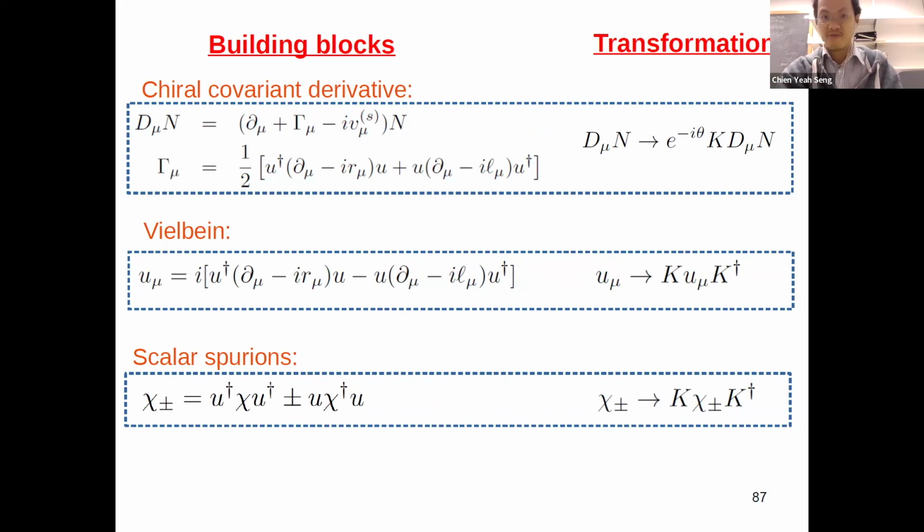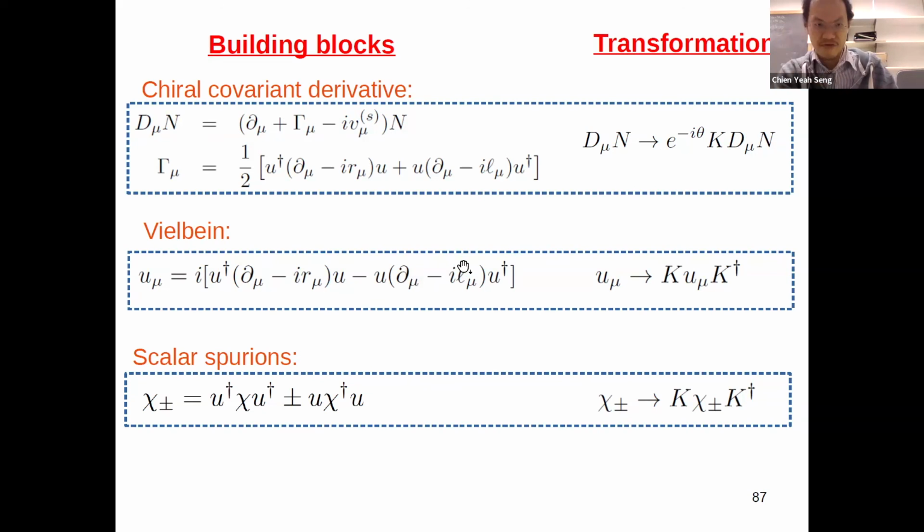By that requirement, we can introduce the chiral covariant derivative of the nucleon that includes not only the connection term that we have seen just now, but also the external sources term, so that the chiral covariant derivative of N transforms just like the ordinary N. And then we also generalize the definition of the Feldbein to involve also the external sources term.